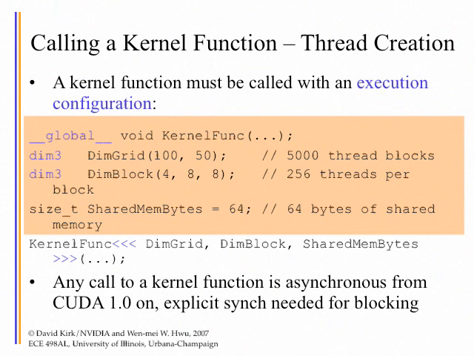You will be calling that function with what we call an execution configuration. So this is actually a piece of CPU code, okay, that will be used to invoke a kernel. So you'll have essentially a declaration of the kernel function, essentially a C header, the function prototype.